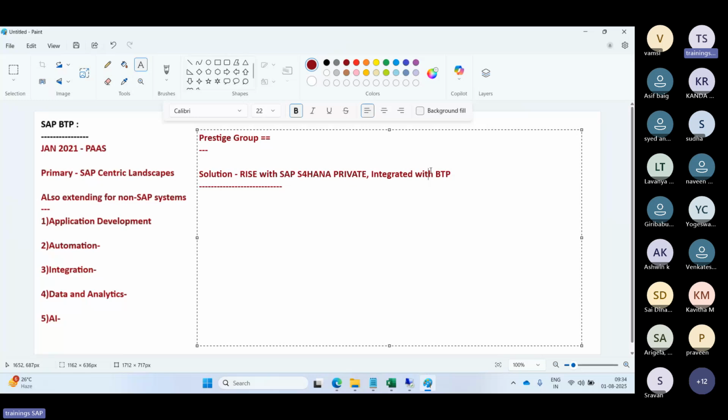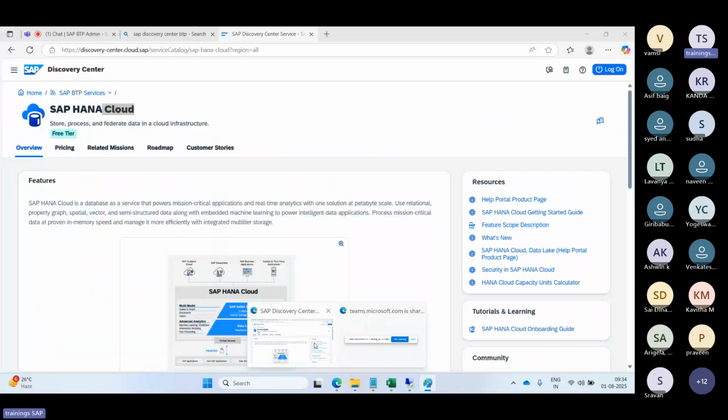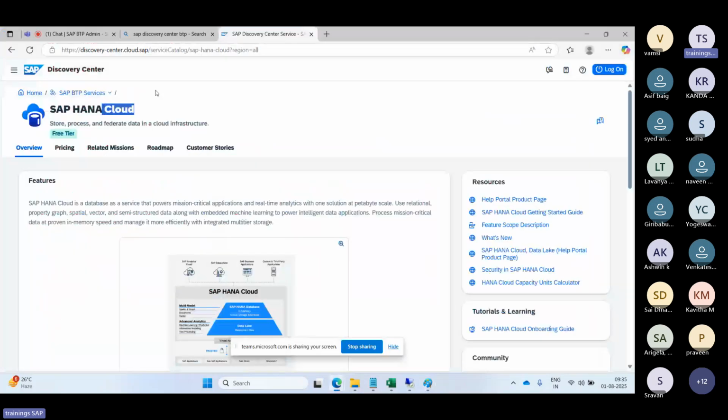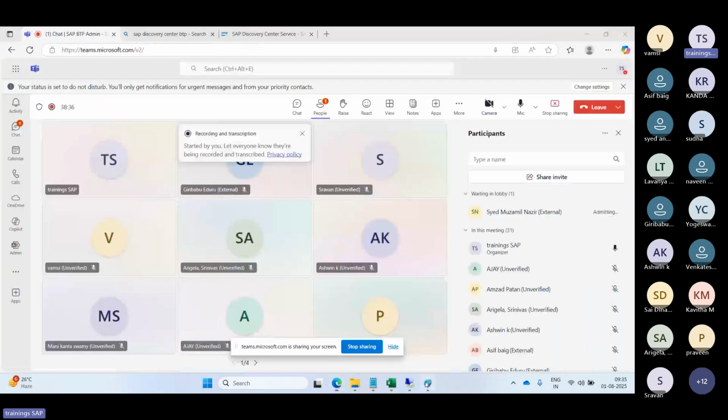It means the support model is changing here: infrastructure managed by SAP, whereas customization, integration, code adjustments, testing continue to be led by the customer and their implementation partner. They will take care of all those things here, right?